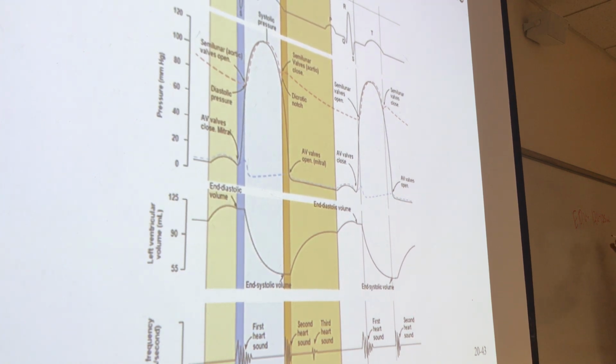Normally, we just eject 70 mLs. That's it, right? So that amount that we eject is called our stroke volume. So your stroke volume is our ejected volume of blood with each cycle.